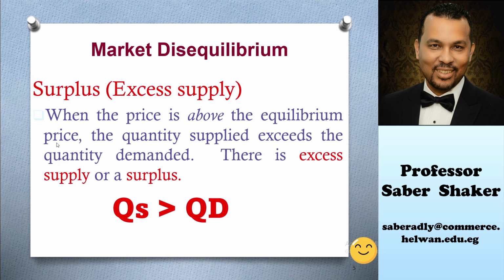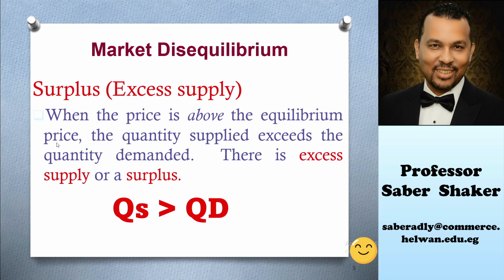When I ask you to define surplus, your answer is: when the price is above the equilibrium price, when the price is greater than the equilibrium price, quantity supplied exceeds quantity demanded. So there is excess supply or a surplus. You can write surplus by equation: quantity supplied greater than quantity demanded, or quantity demanded lower than quantity supplied.